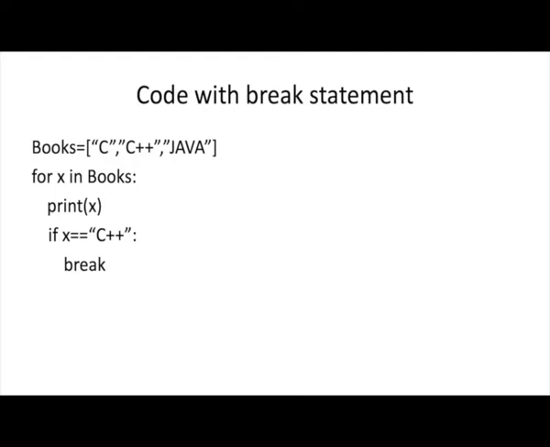Now, for x in books, print the value of x, and before we print Java, if x is equal to C++, then we break. The break statement exits the loop, and we end up showing the output as C and C++, because once the variable x is assigned C++, the loop is exited.